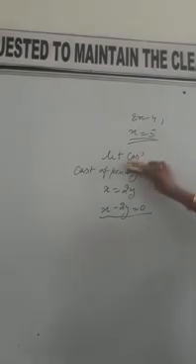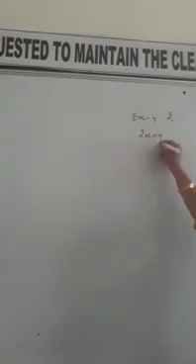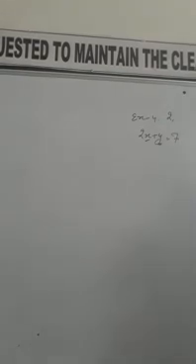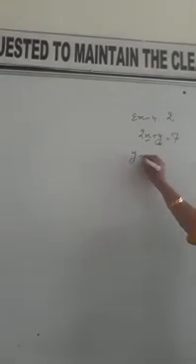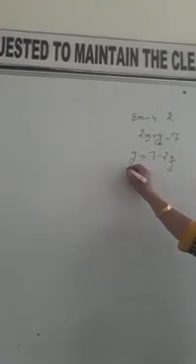We are given 2x plus y is equal to 7, and we have to find four solutions for this equation. This can be written as y is equal to 7 minus 2x. Here we will put in values of x and find the values of y.